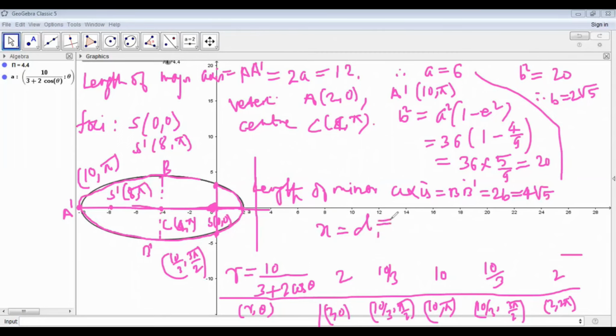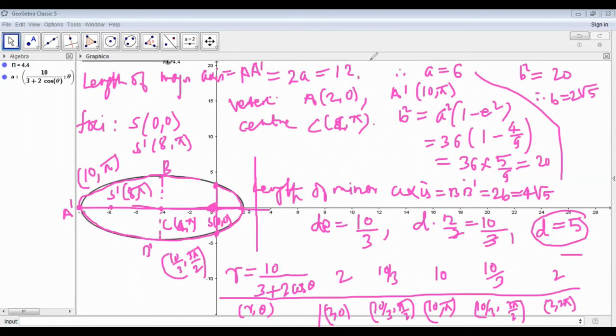From the equation, e d equals 10 by 3, but e equals 2 by 3, so the distance from the focus, the origin, to the directrix, this d, equals 10 by 3 divided by 2 by 3, which is 5. This 5 is the distance from the focus to the directrix.